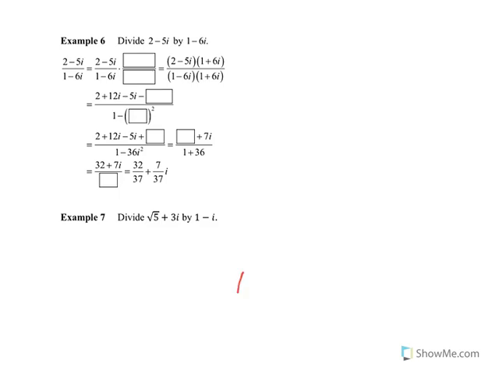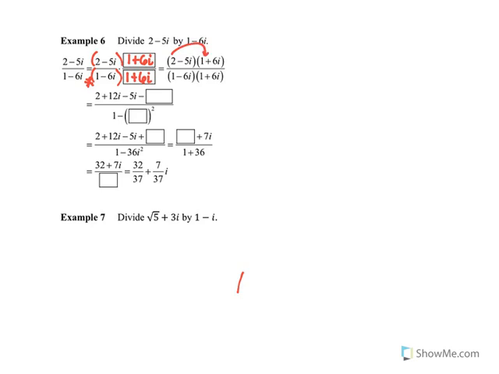Notice I'm going to take the conjugate of my denominator, which is 1 plus 6i, and multiply my numerator and denominator, because ideally what I'm doing here is simply multiplying by 1, because anything divided by itself is 1. Notice that I'm putting parentheses around here because we now need to distribute.